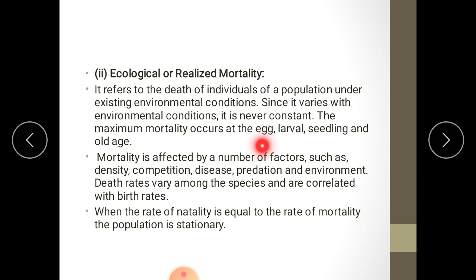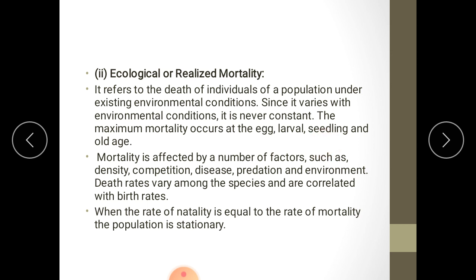Mortality rate is maximum at the egg condition. Next, larval condition. Larvae come out of the egg and they are also unable to defend themselves from their enemies. And seedling means seeds, when they sprout, that would be the seedling. They are also unable to protect themselves.